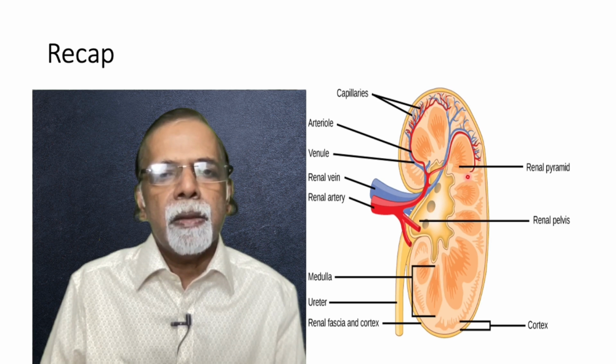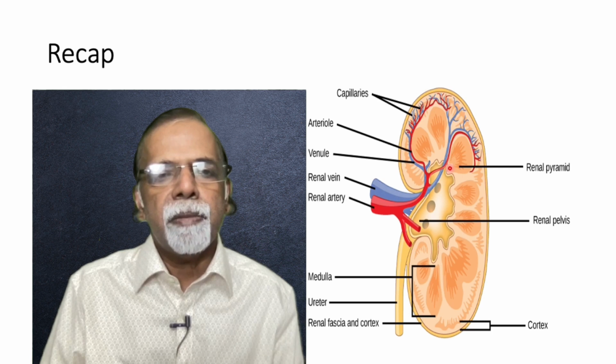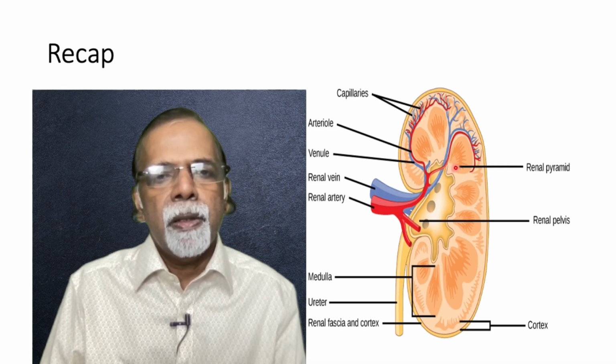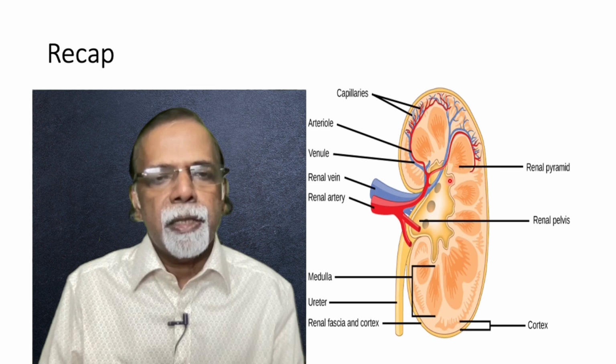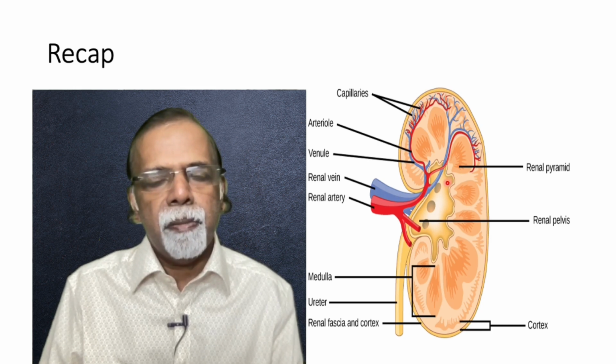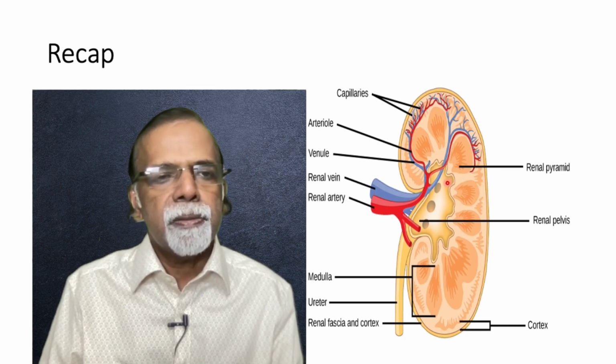And the renal pyramid opens via the papillae. Papilla means nipple. So through the papilla it enters the minor calyxes. The minor calyxes join together to form 2 or 3 major calyxes. They are the upper, middle and lower calyxes.